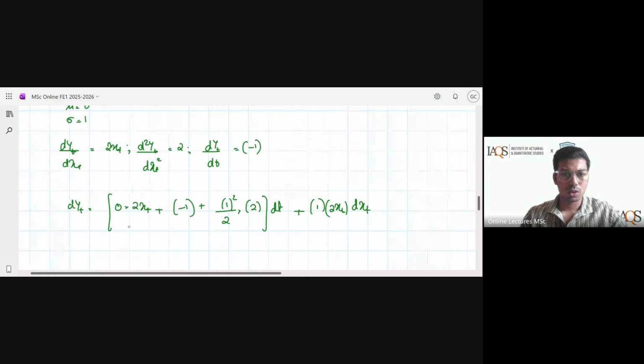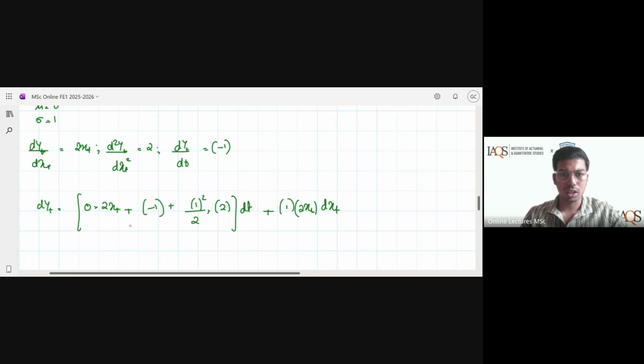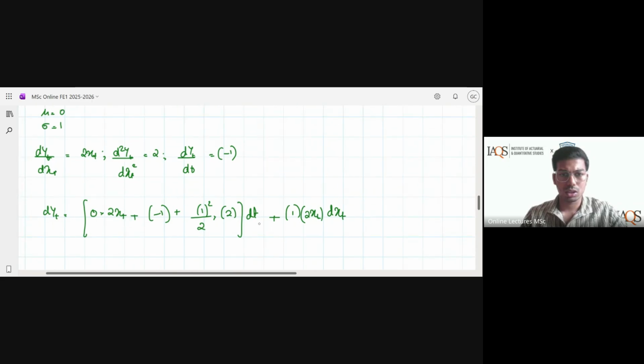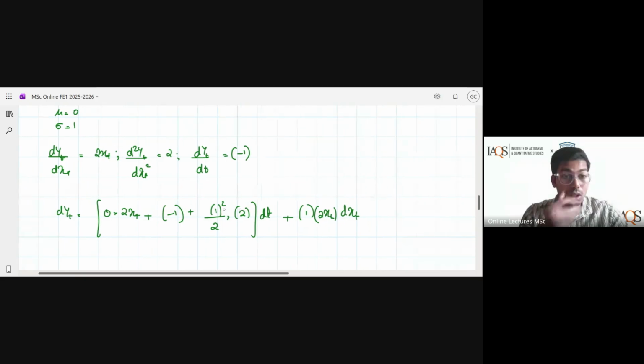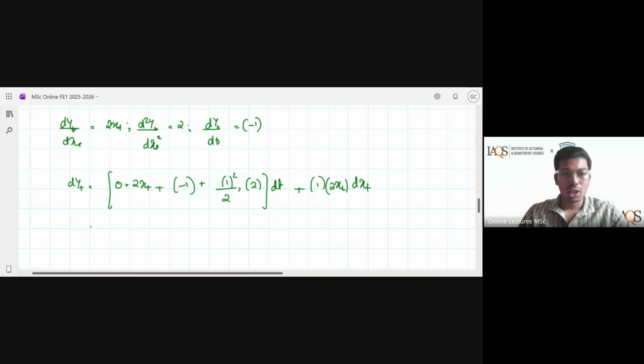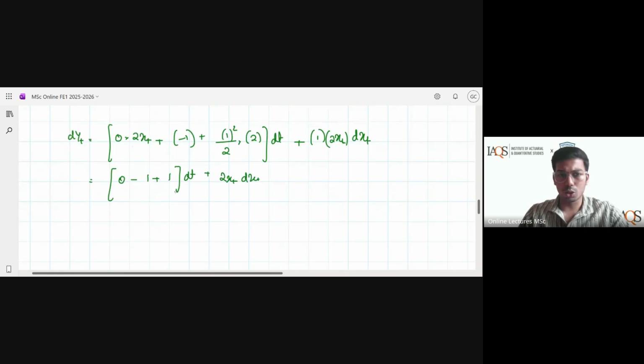Now, if I do this correctly, -1 plus 1 will be 0. Yes, this is correct. So now I know this is 0, -1, this 2 will get cancelled, plus 1 dt plus 2xt dxt. I know -1 plus 1 is 0. This entire term went off. Therefore, what do I get? 2xt dxt.